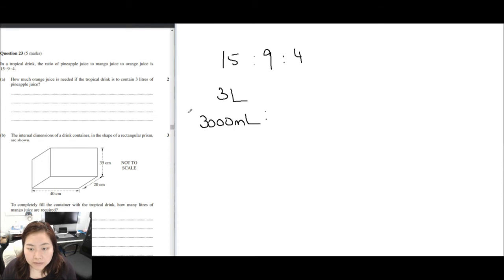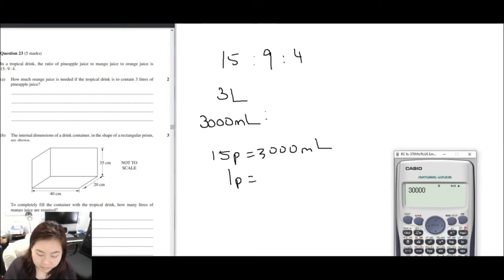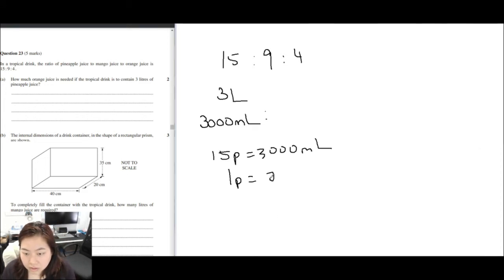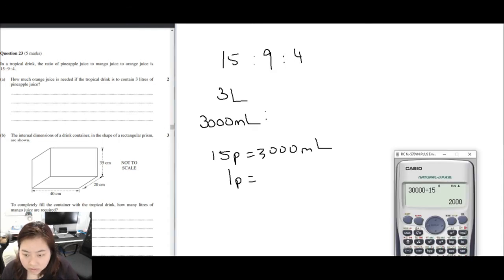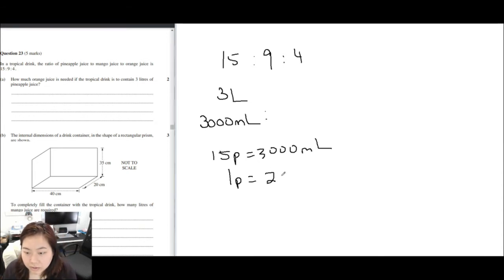If this is 15 parts, then 15 parts is 3,000 mil. Then 1 part is 2,000 mil, 2 liters. No, that can't be right. I put 30,000. 3,000 divided by 15 is 200 mil. That's better.